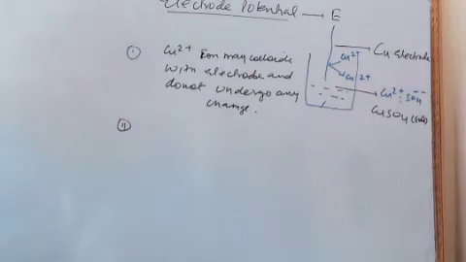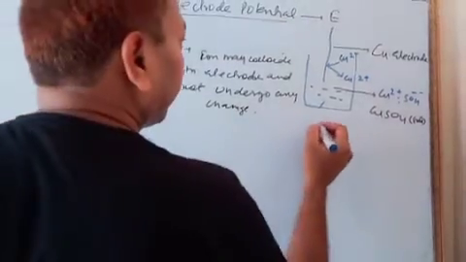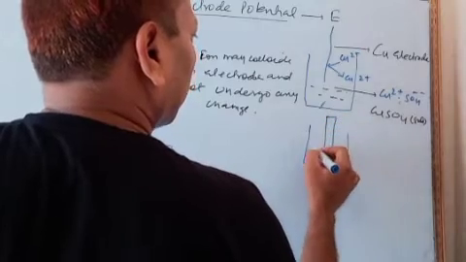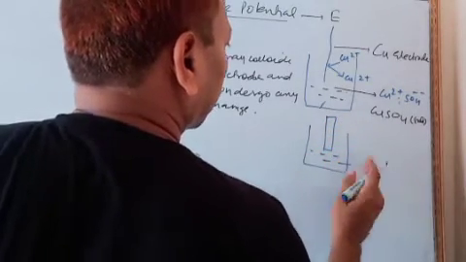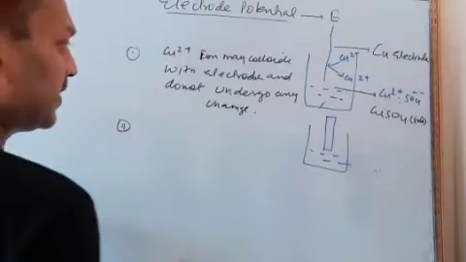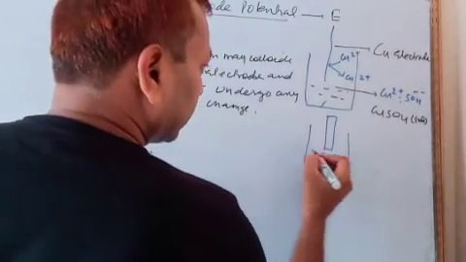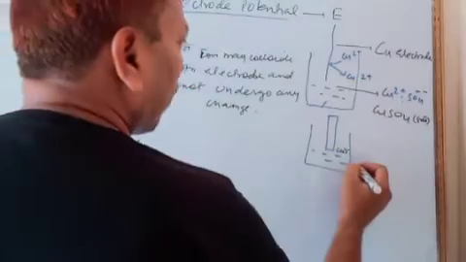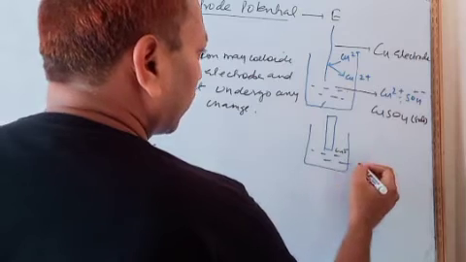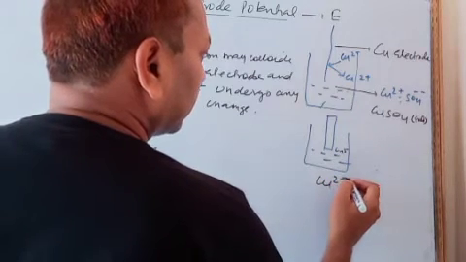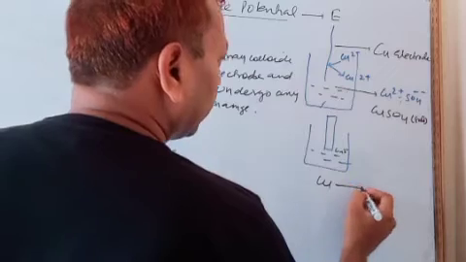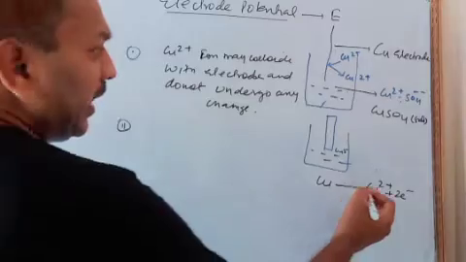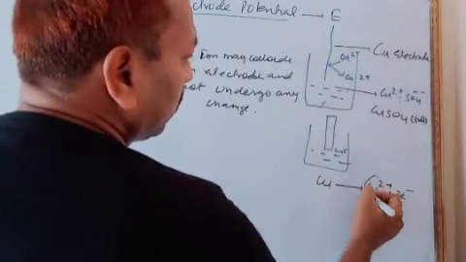The second case: it is a copper electrode, and this is the electrolyte. The copper metal loses electrons and gets converted into copper ion.